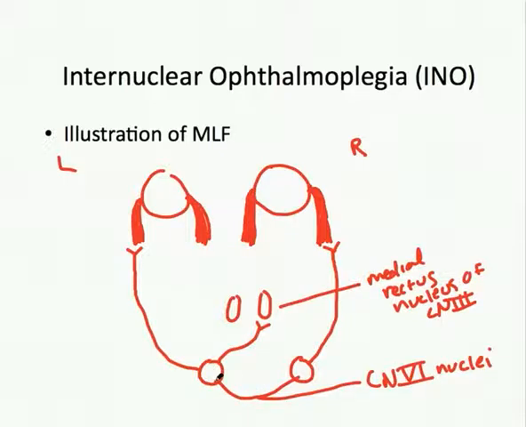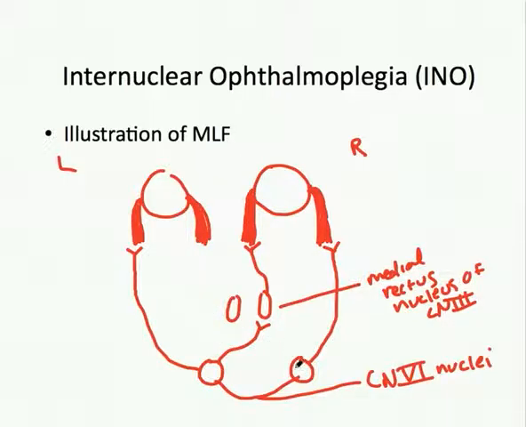So when the left CN6 nuclei is activated, it not only activates the lateral rectus of the left eye to abduct the left eye, it also sends a signal to the medial rectus nucleus of cranial nerve 3, which sends signal to the medial rectus of the right eye to adduct that right eye. So every time the left eye abducts, the right eye adducts and goes with it.